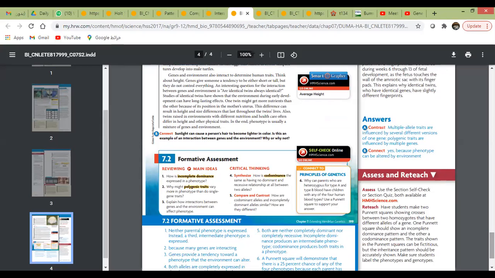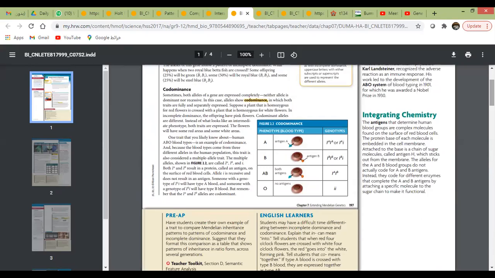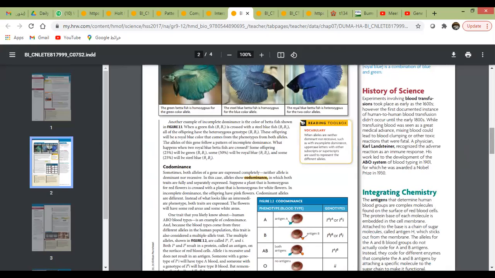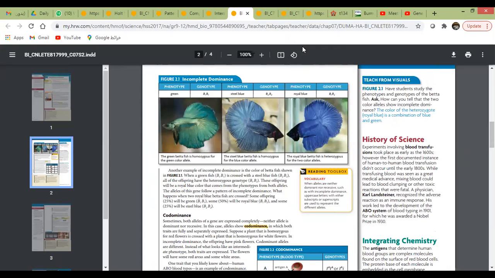بدكم تحكوا انتوا انه بالincomplete dominance neither parent phenotype is expressed. ولا واحد منهم بيطلع completely in the offspring. Neither. Instead عندي third intermediate phenotype in between. إذا بالincomplete dominance هون none of these parents genes were expressed. الoffspring ما طلع لا زي هاد ولا زي هاد. لا طلع عندي third phenotype. هذا كان in between او mixture between the two parents. نسميه intermediate between the two parents genes. صار عندي interaction.